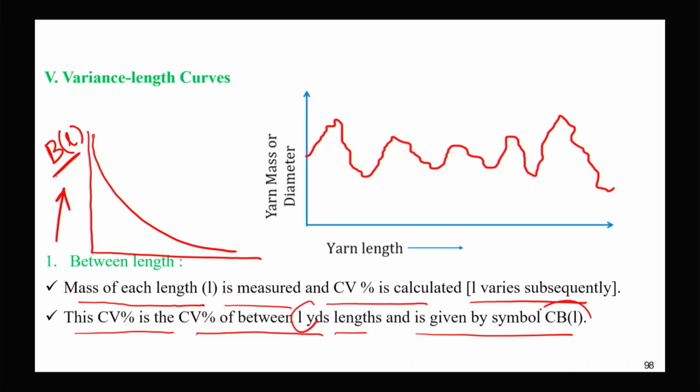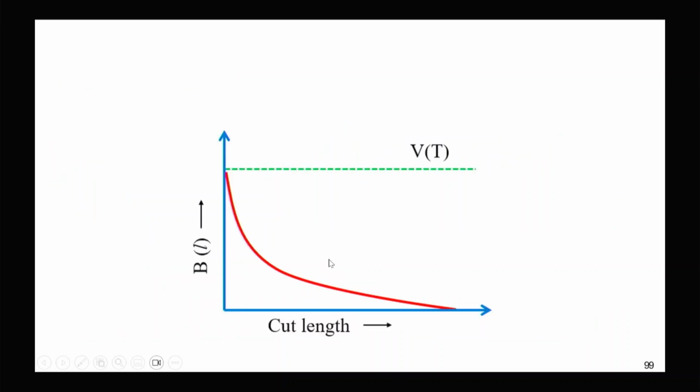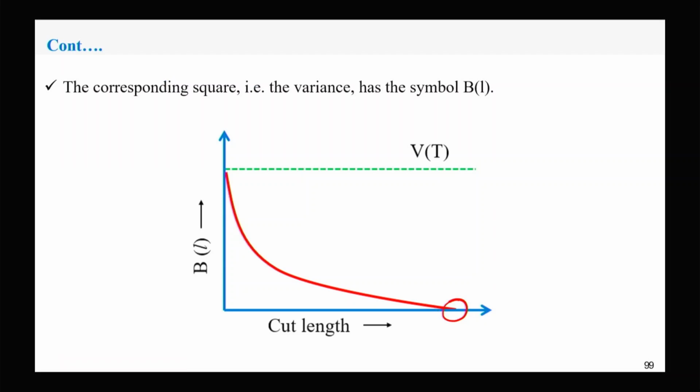So CB L. So at variance length, so between length L. So this is the shape, and the point where it becomes 0, as we have discussed, this is the total length tested. When it's the total length tested, that means you have only one data, so variance will be 0.